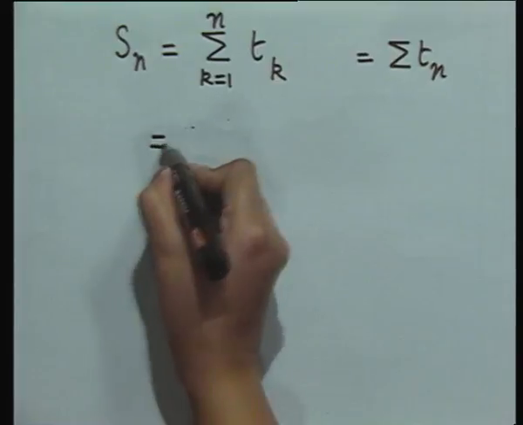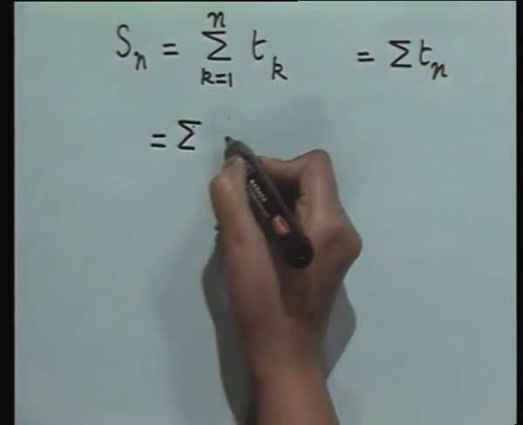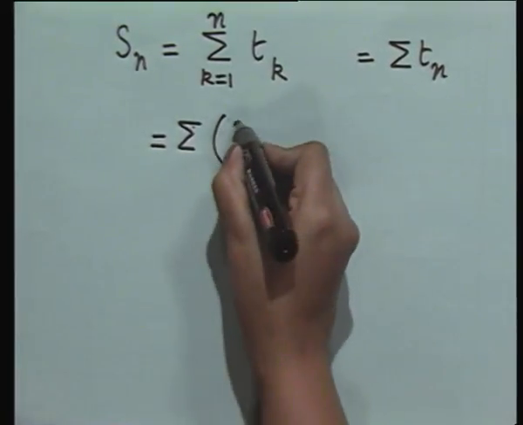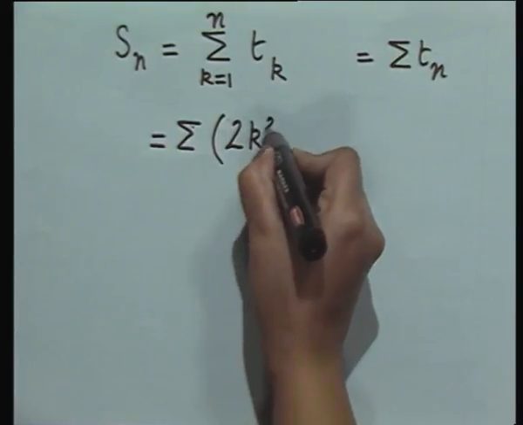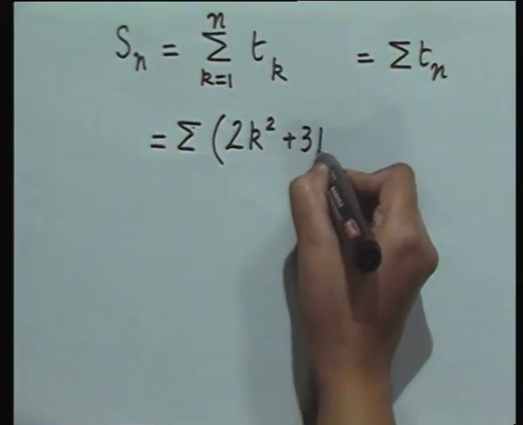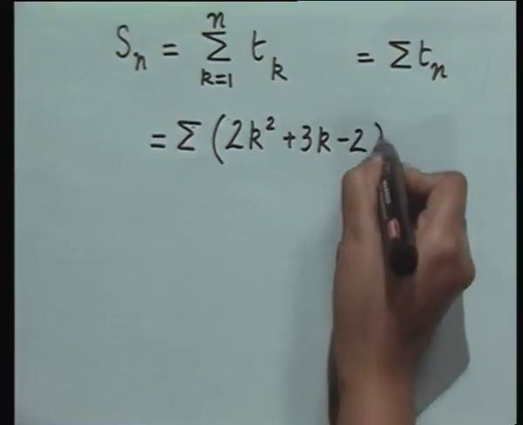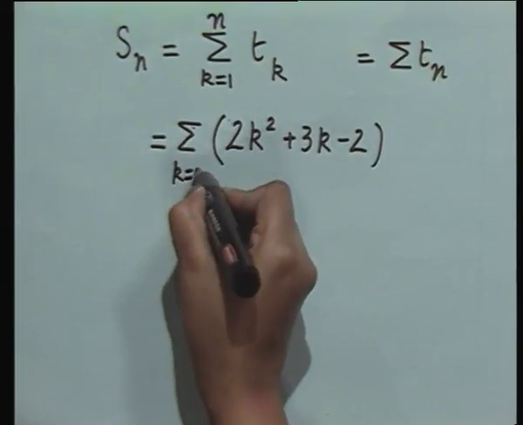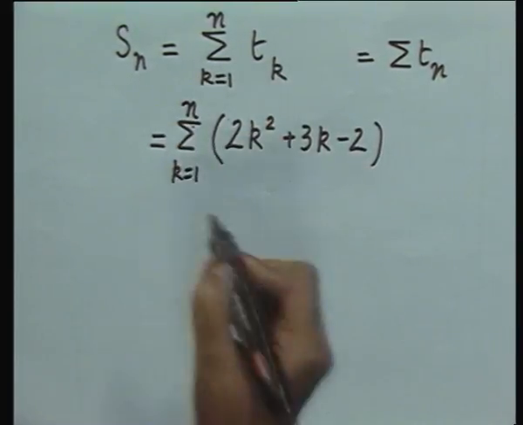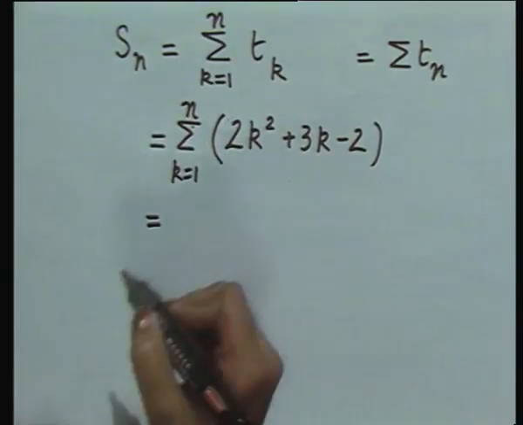This now will be same as, for our example, sigma of 2k square plus 3k minus 2, as k varies from 1 to n. And as we discussed in our previous lesson, summation is distributive.